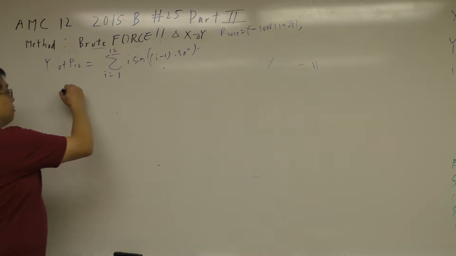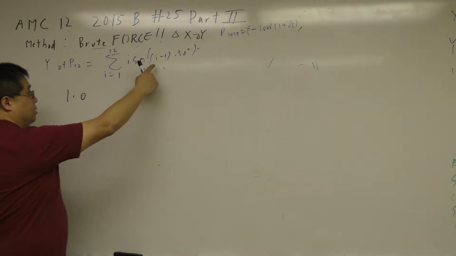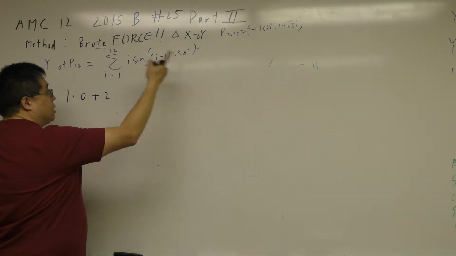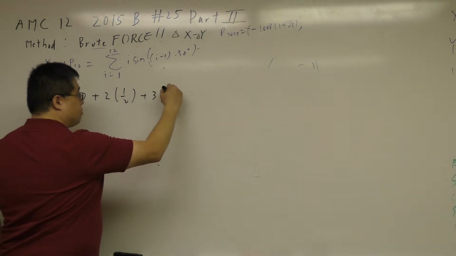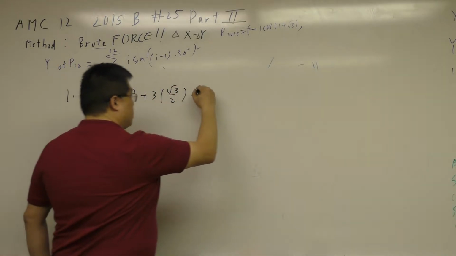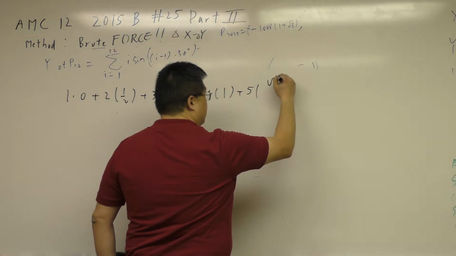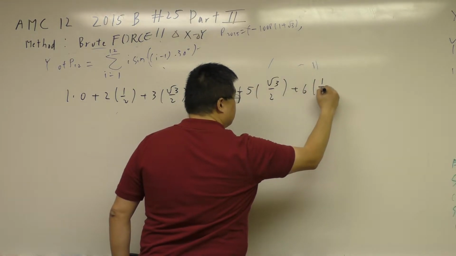We have 1 times 0, because 1 minus 1 is 0, plus 2 times sine 30 degrees, which is 1/2, plus 3 times square root 3 over 2, plus 4 times 1, plus 5 times square root 3 over 2, plus 6 times half.